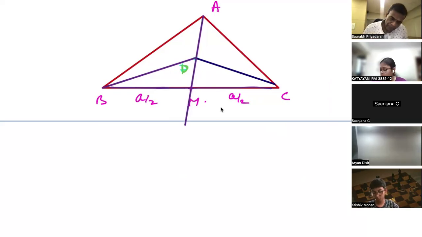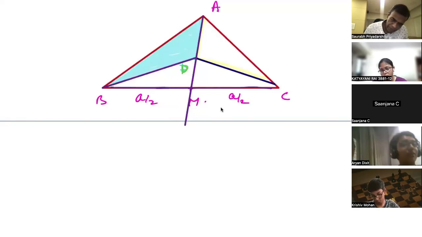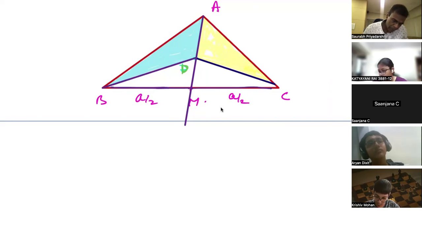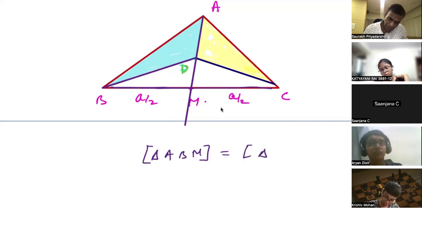And now, what I have to prove is this, and the second one is this one. Both the areas are the same. If I want to subtract, we already know that ABM area is equal to area of ACM.